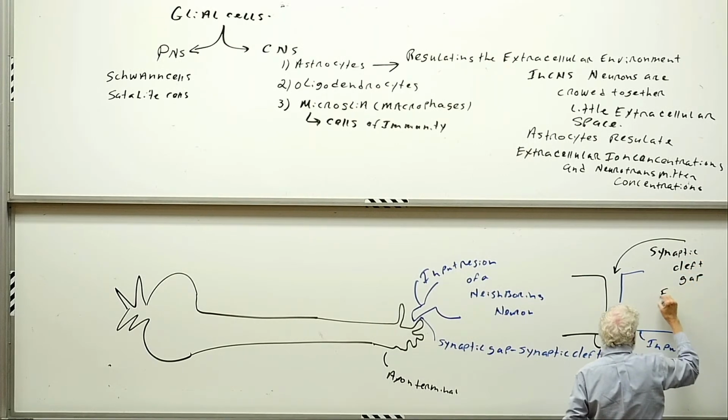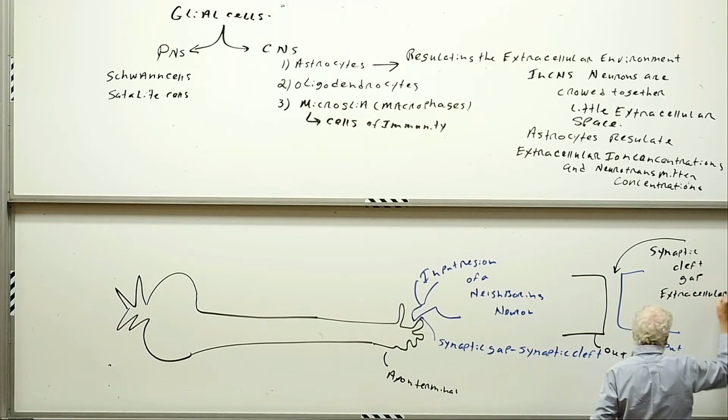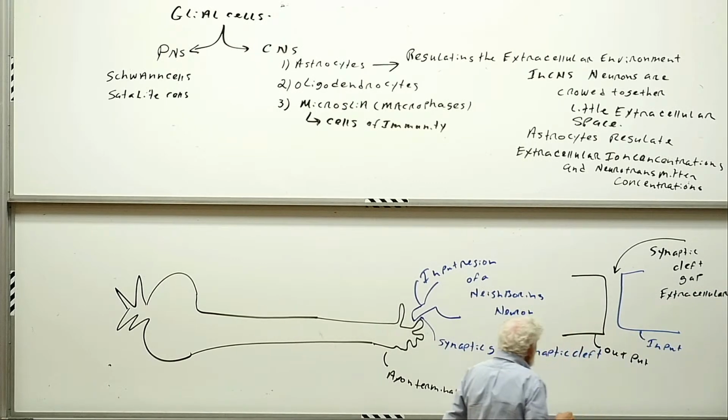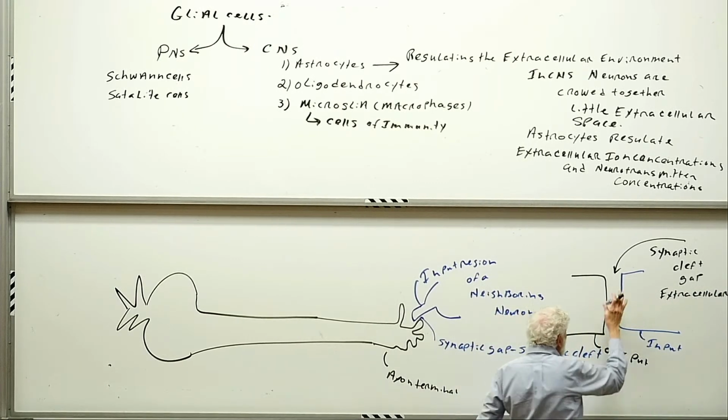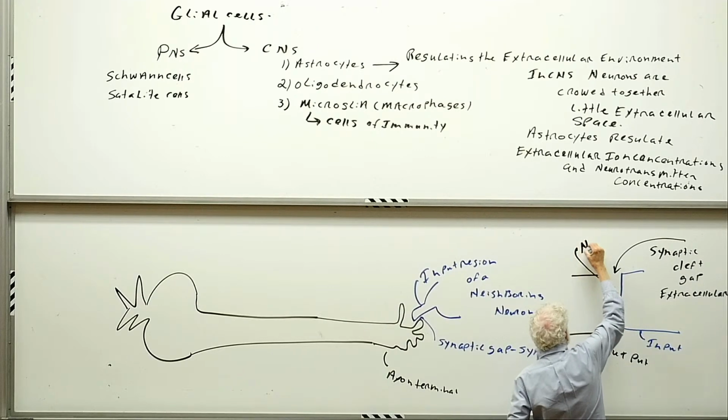It's extracellular. And as we mentioned in passing yesterday, what will happen on this output region is synaptic vesicles will fuse with the membrane and release their contents called neurotransmitter.